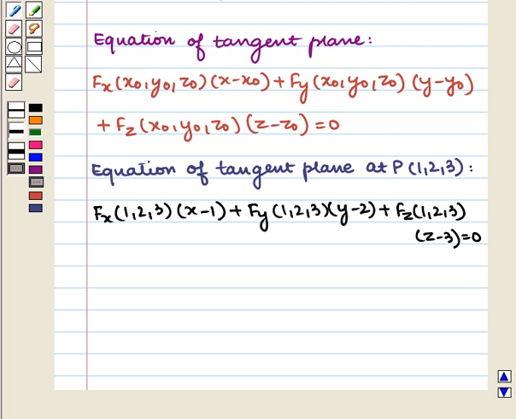On putting the values, we get 6 into x minus 1 plus 3 into y minus 2 plus 2 into z minus 3 equal to 0.